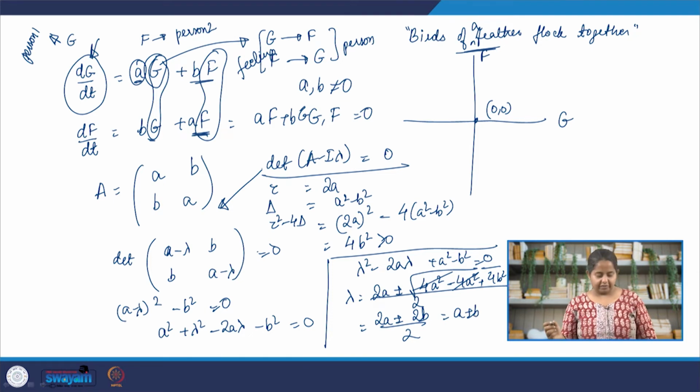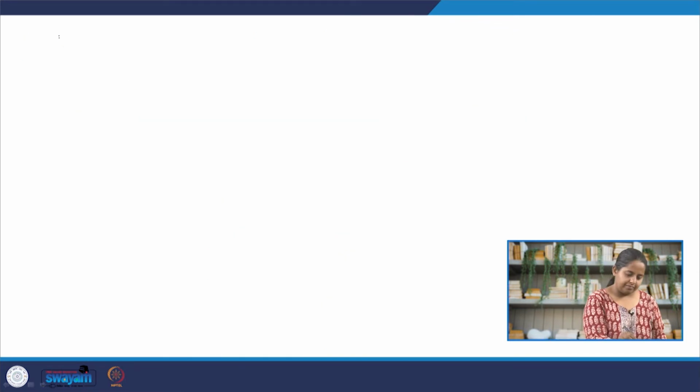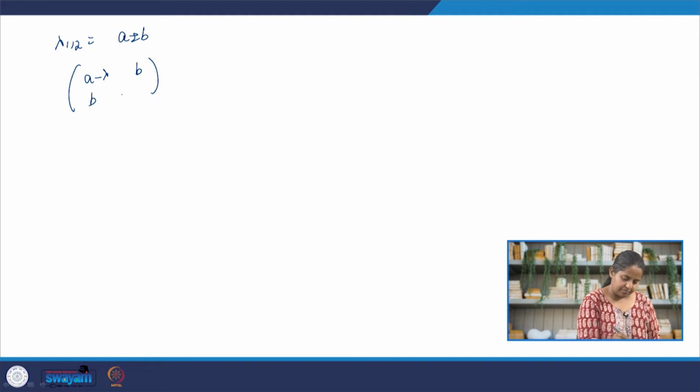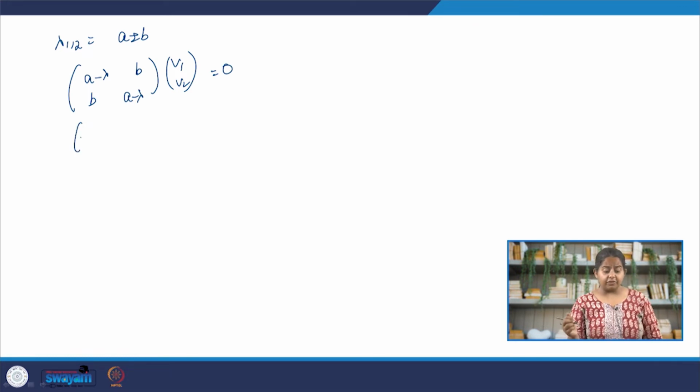So we have two eigenvalues here. All right, a plus minus b. So now we can substitute these and find out the eigenvectors. Let's find out the eigenvectors first for a plus b.